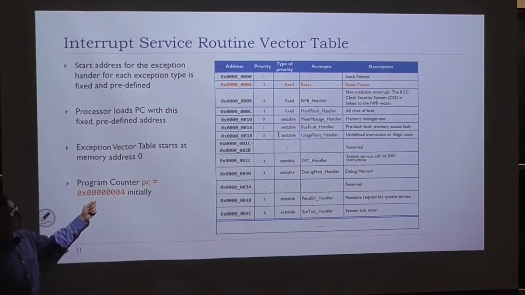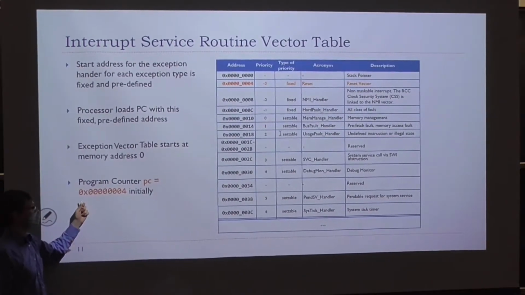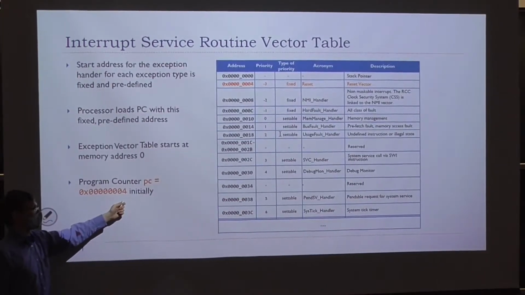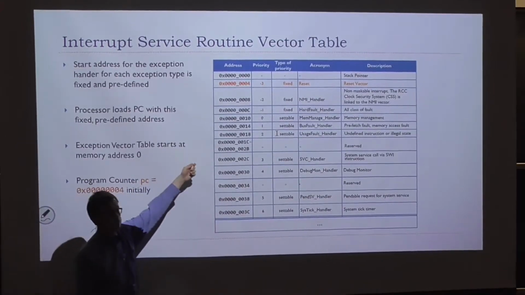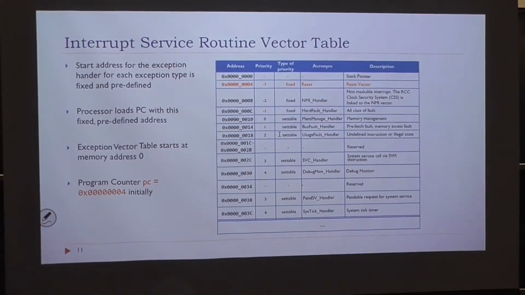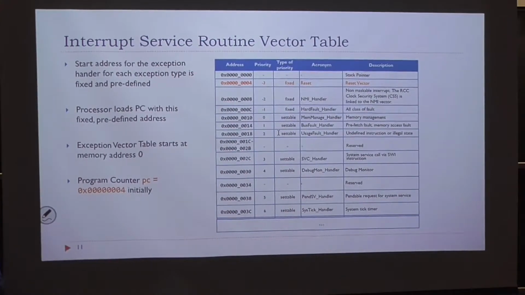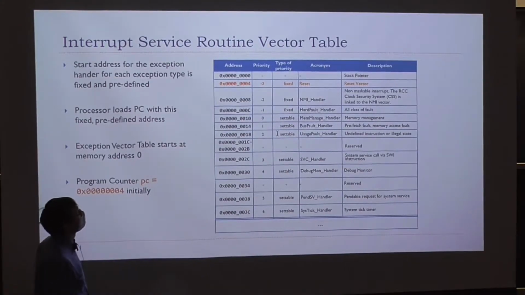So this works because the program counter is initialized to 4, which is the first address in memory after the first one, which contains the interrupt vector table entry 4 reset.